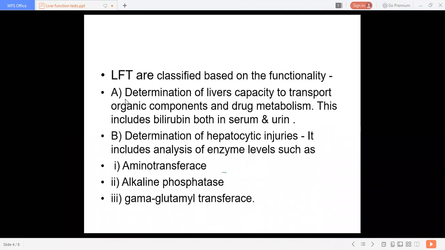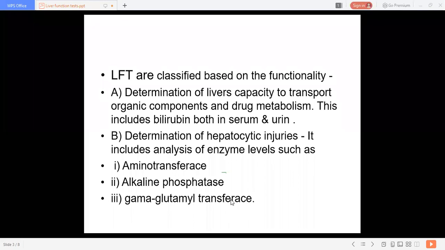Today we discussed the tests to evaluate the liver capacity and the tests to determine the hepatocytic injuries. We talked about the importance of studying these three enzymes, that is alkaline phosphatase, aminotransferase, and gamma glutamyl transferase.